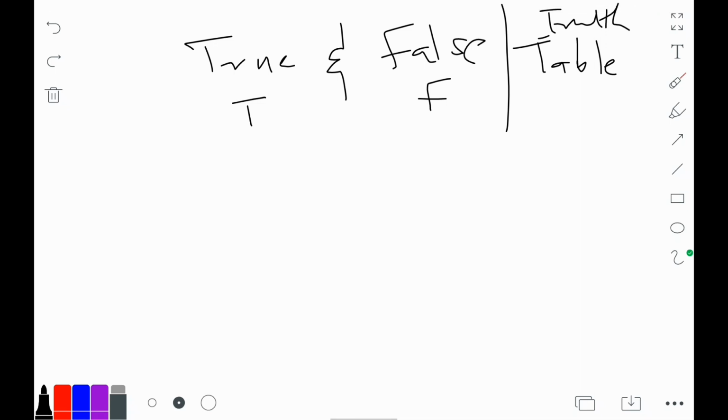The truth table that you have to know, I'm going to draw here with you guys.